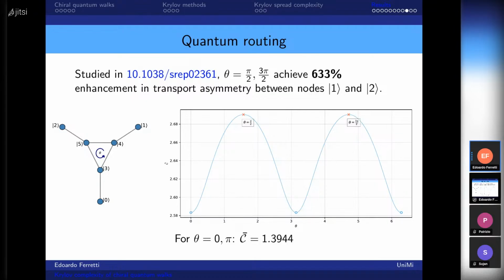So I studied numerically what the complexity tells us of this behavior, and the answer is not very much. It just tells you that for those optimal values, complexity is maximal, which we can interpret as the walker being able to explore more of the subspace of the dynamics, which in this case, by the way, is the whole Hilbert space.